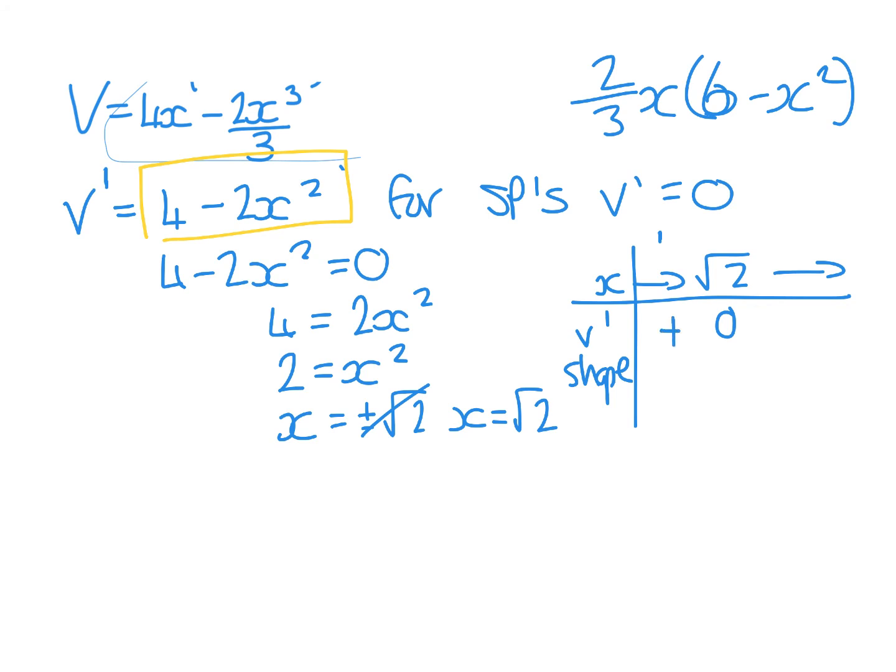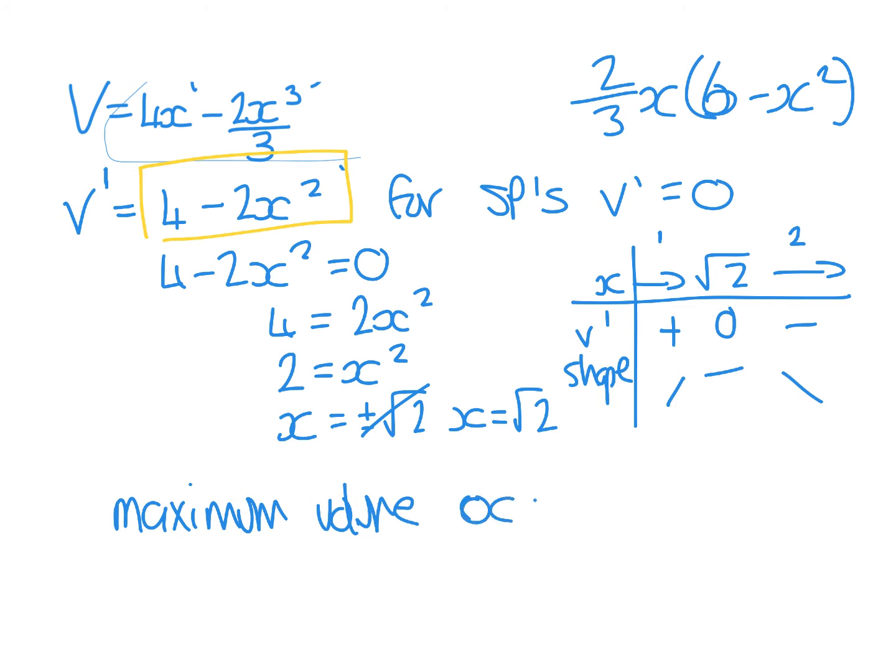I'm going to pick a number bigger than that, so I'm just going to go with 2. Well 2 squared is 4, 4 times 2 is 8, 4 take away 8 is negative. So I have a maximum. So in conclusion, maximum volume occurs when x equals root 2. And that's that question done.